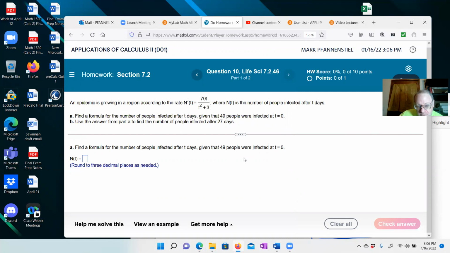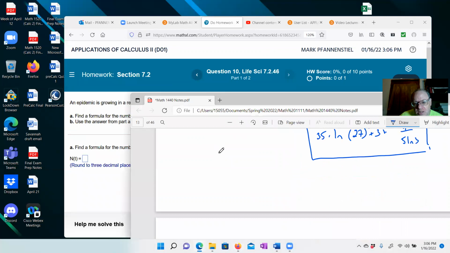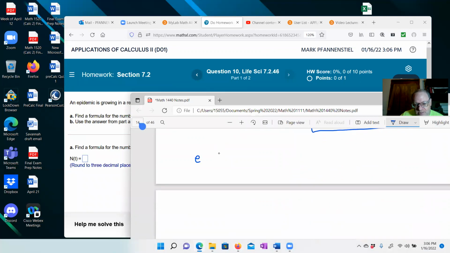Good luck with that. Again, things to pay attention to. If you have an e to something, whatever this thing is, that's probably your u equals that thing. If you have a function with a denominator, whatever the bottom is, if it's difficult, that's probably a good choice for u.